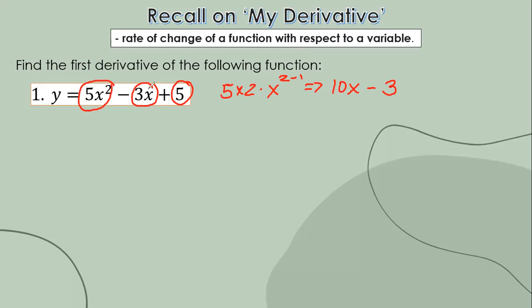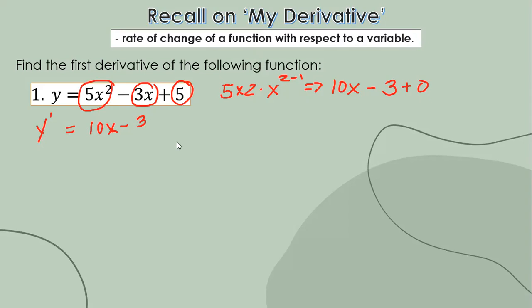Kapag x lang yung kasama ng ating coefficient, just copy the coefficient. And then, derivative ng constant is always 0. So, plus 0. So thus the derivative or y prime of the first function is 10x minus 3. Mas madali na nating i-solve mentally pag na-practice natin ng mabuti ang pag-derive.